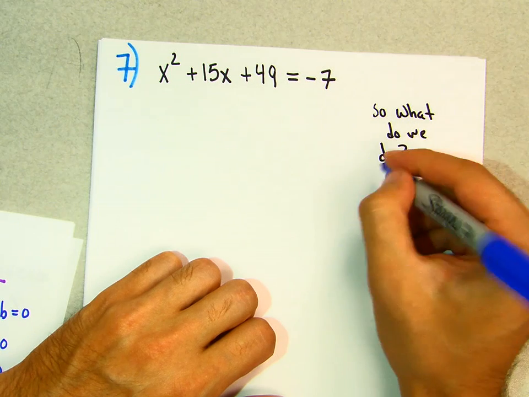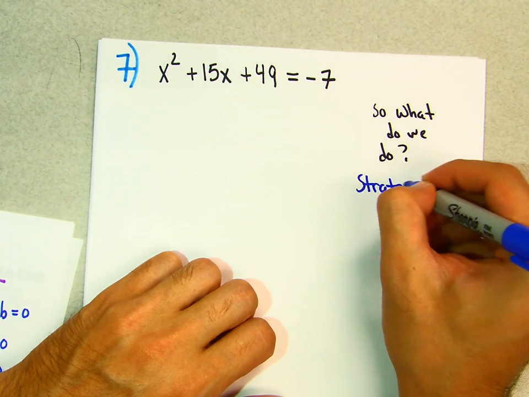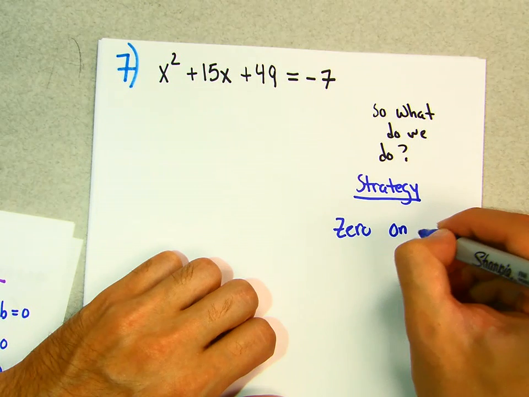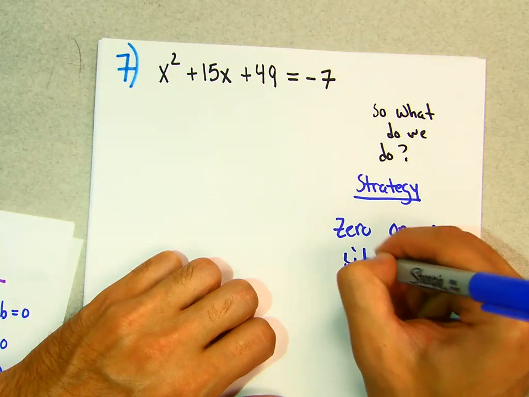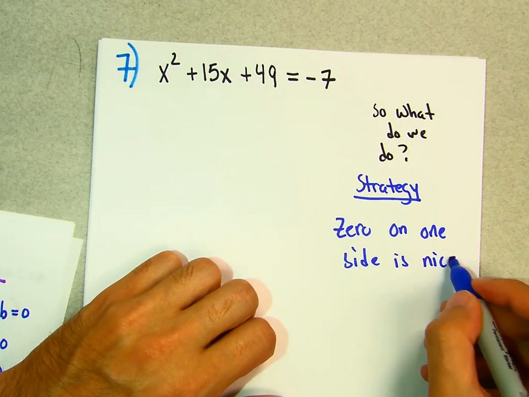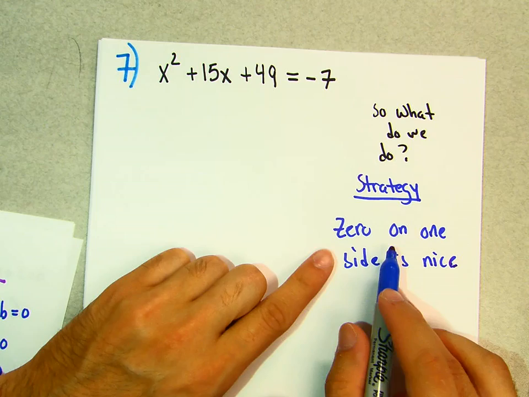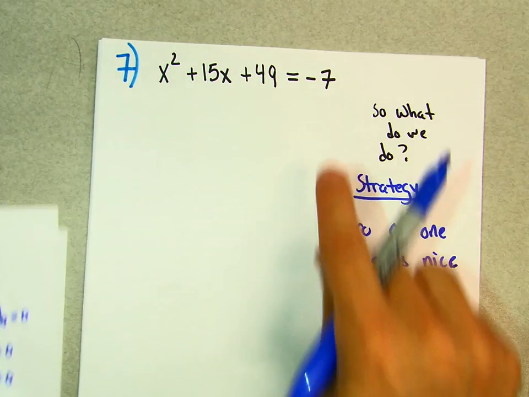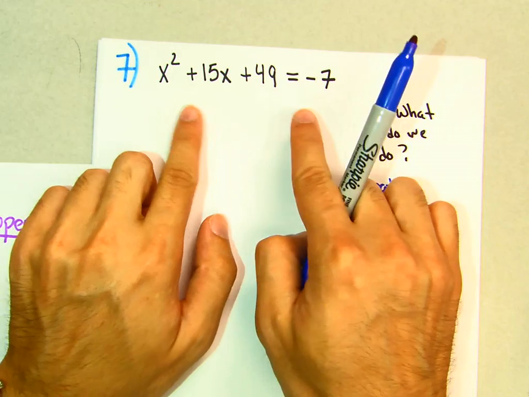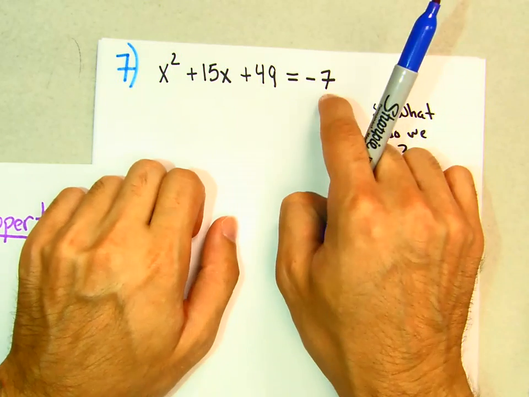The strategy you want is, whenever you have something like this, 0 on one side is nice. We don't have 0. But can we manipulate the equation to get 0 on this side?